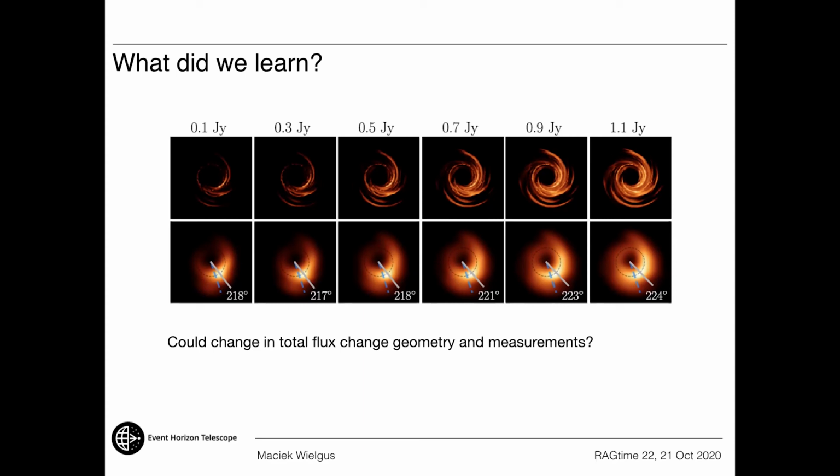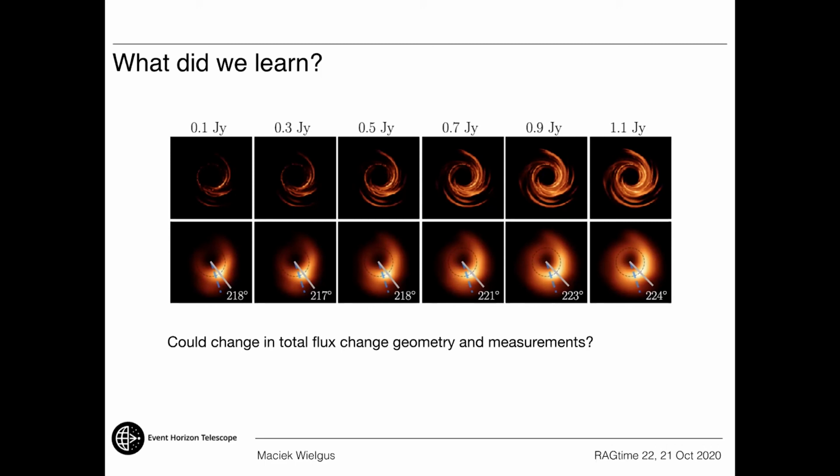The question is, if you do a radiative transfer, if you scale everything, the opacities will change, and of course the regions where you see the brightness will change in some complicated fashion, more complicated than just scaling the entire image by a constant factor. Would this measurement be robust against that?